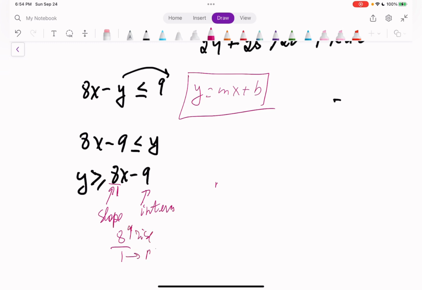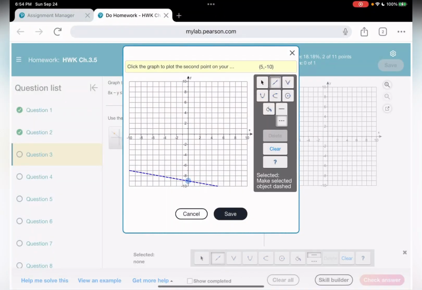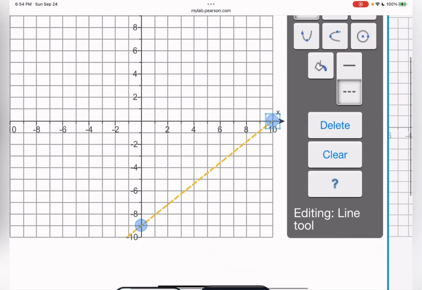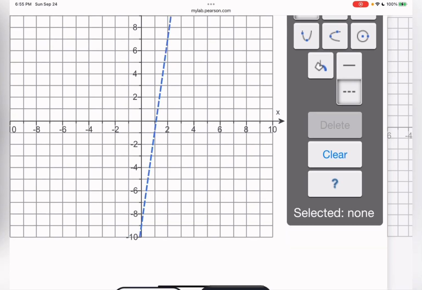This is run. So let's do it. Rising by 8, I'm coming to negative 1, and then positive 1. This is going to be my line.